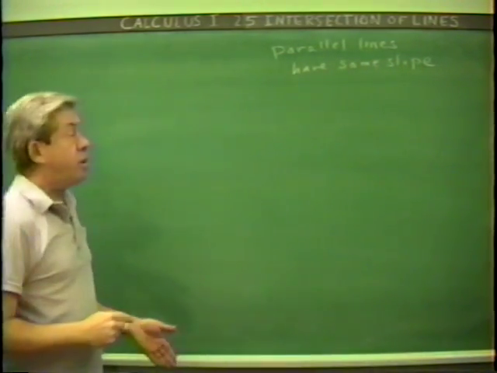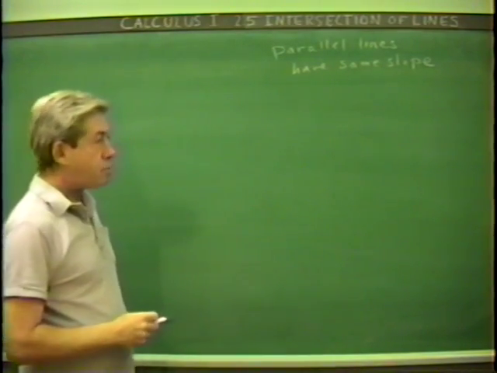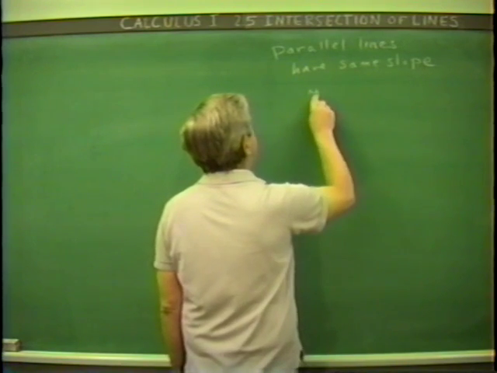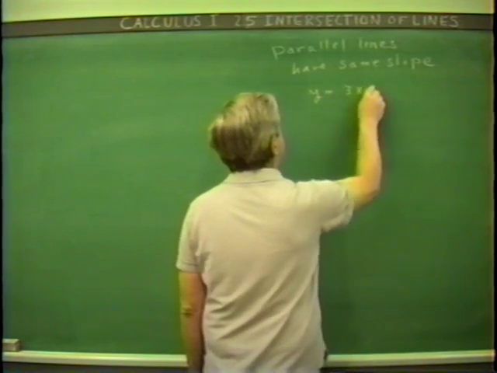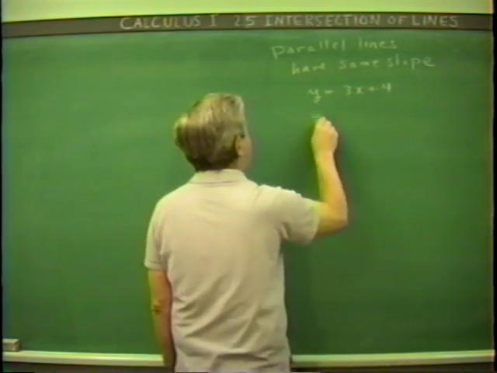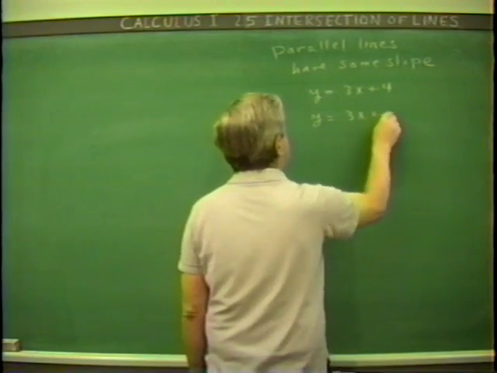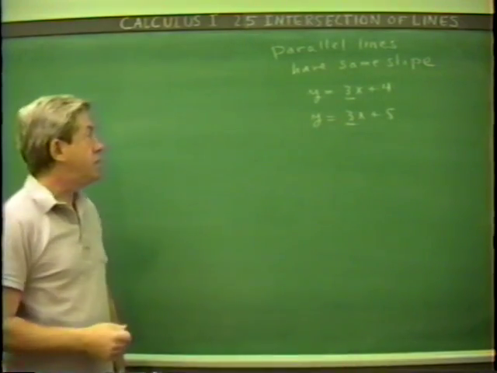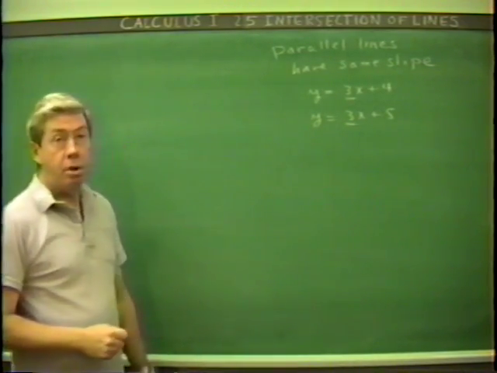In either of the two convenient forms for writing a line, this is apparent. If we have, for example, y equals 3x plus 4 and y equals 3x plus 5, the slope is right here, and it's clear that those have the same slope, and so consequently they're going to be parallel.